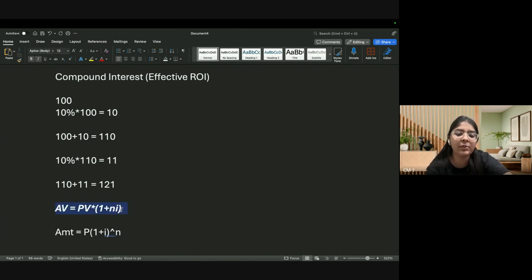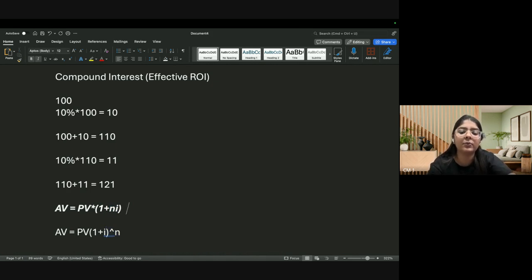So here AV is PV into 1 plus NI. Here what has changed? Amount is AV again. P is PV again. Instead of n being multiplied with the rate of interest, n comes into power. This is the only difference when you are talking about compound interest.